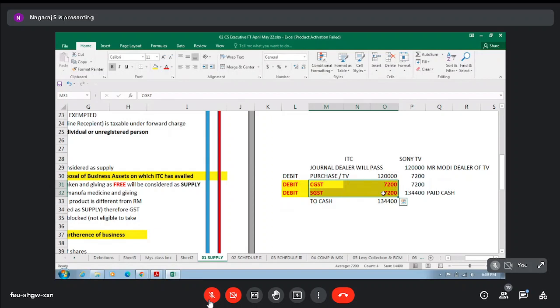When you have purchased the TV, you will donate this TV to some trust. Will you receive any amount if you donate?